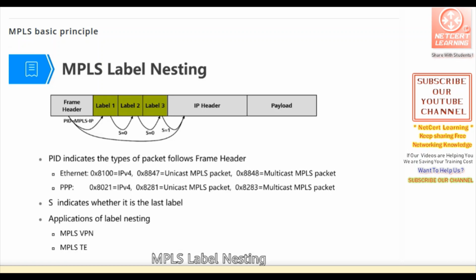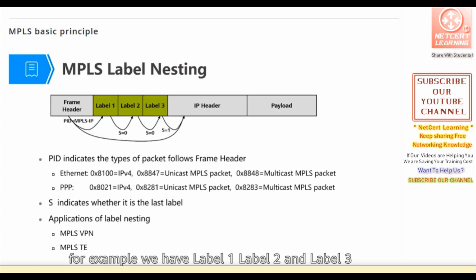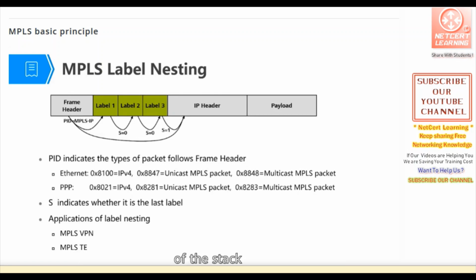MPLS label nesting. We know that we can have multiple MPLS headers. It supports nesting. For example, we have level 1, level 2, and level 3. In level 1, the S bit will be 0 because it is not the bottom of the stack. On level 2, S will also be 0. In level 3, S will be 1 because level 3 is the bottom of the stack.